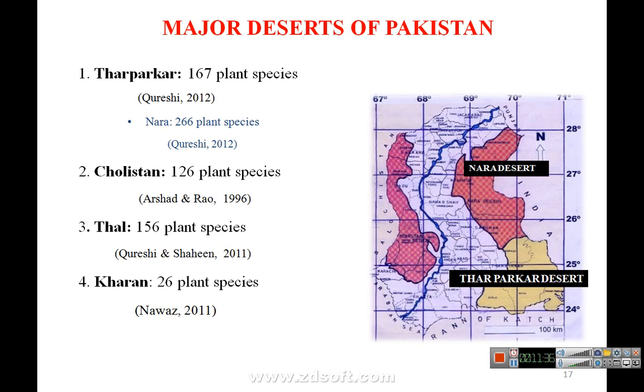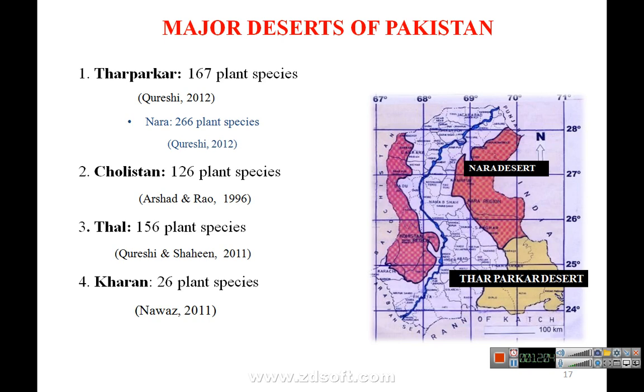Tharparkar contains 167 plant species, and Nara 266 plant species. Cholistan can have 126 plant species. Thal has 156 plant species, and Kharan contains only 26 plant species.